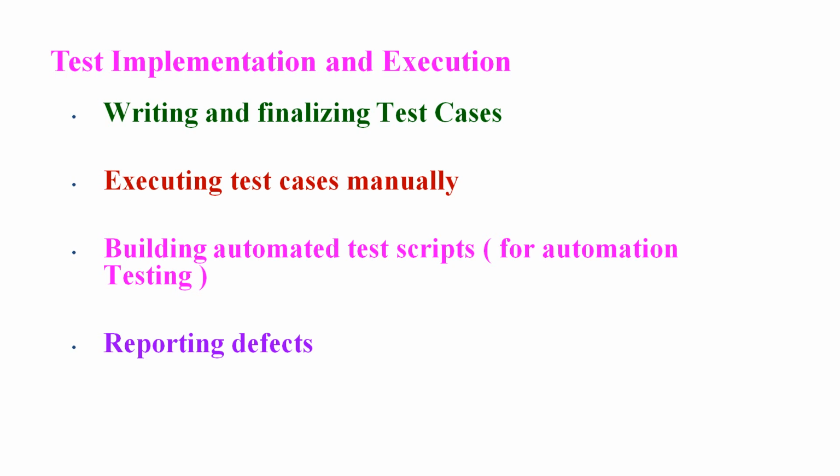Like that, even for test cases, first you have to design and finalize the test cases. After designing and finalizing, you have to execute the test cases manually if it is manual testing, right? So execution is keeping these designed test cases in front of you and, according to these test cases, testing the functionality. This is called test case execution, right?